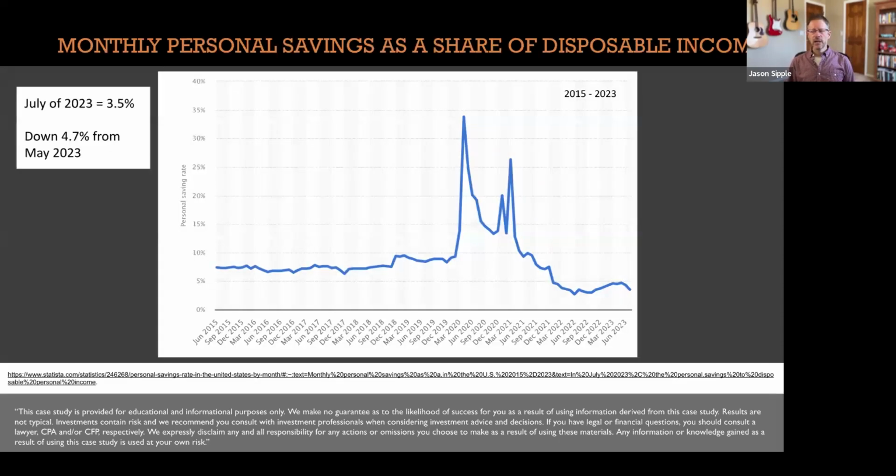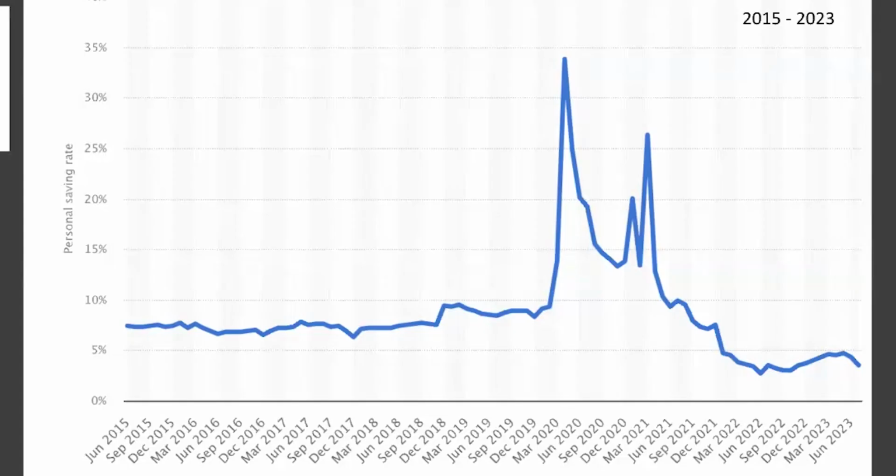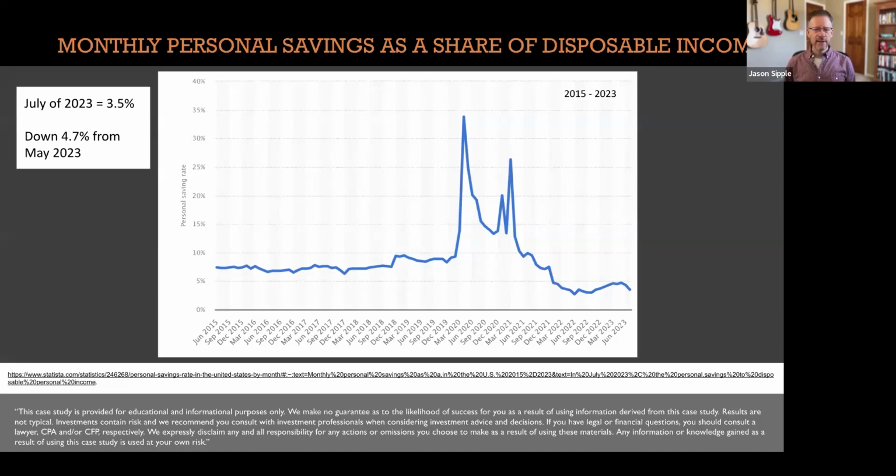So what I like to do is look at that in correlation to where our savings are as a country. And if you look at this chart, it goes all the way back to June of 2015, we're somewhere in that 5, 6, 7, 8, 9 range, and it's pretty steady. And then it's interesting to see what happened during COVID. We didn't have anywhere to go. We couldn't go shopping. There's nowhere to spend money.